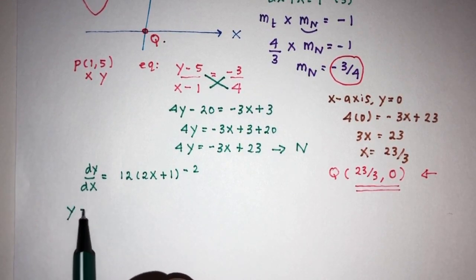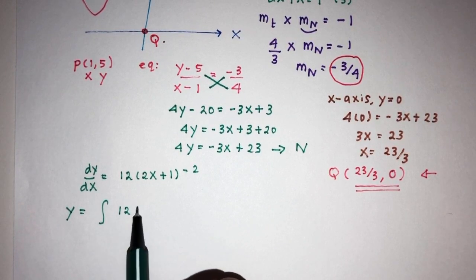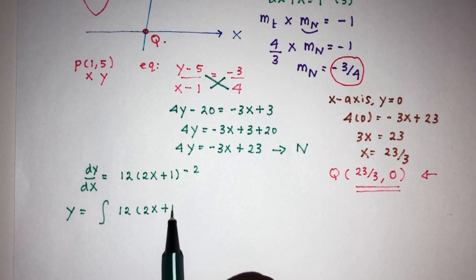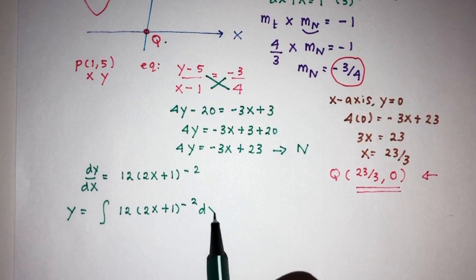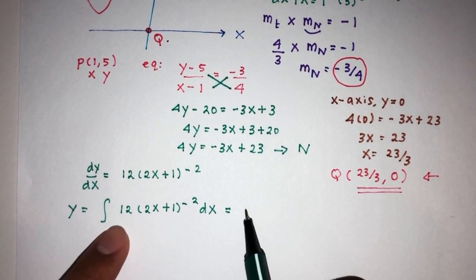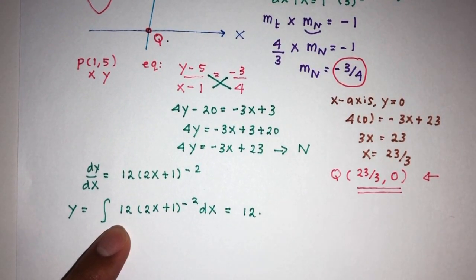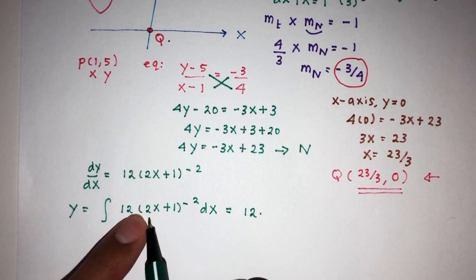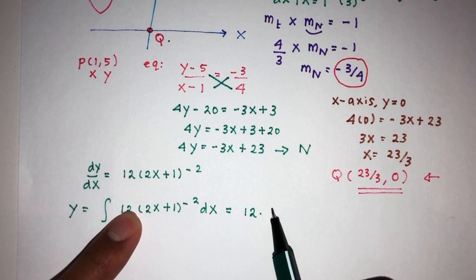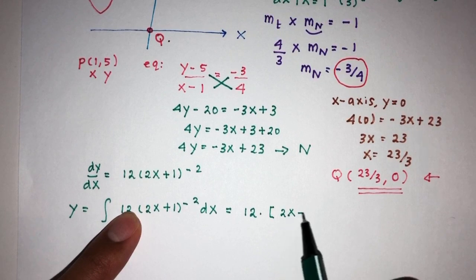So y will be the integration of dy by dx with respect to x. 12 is only a multiple. Then we have to apply integration on the rest. First thing, we have to increase the power by 1. That will be 2x plus 1.